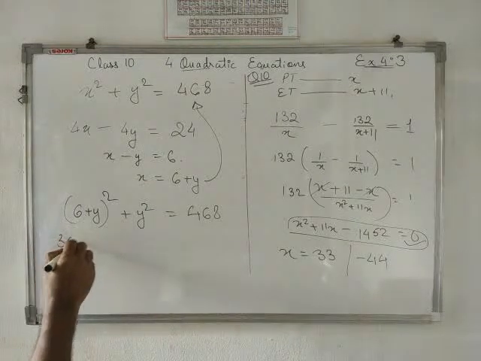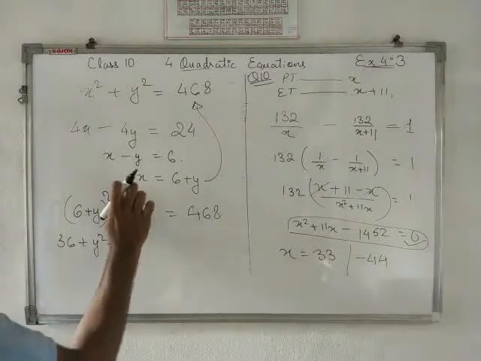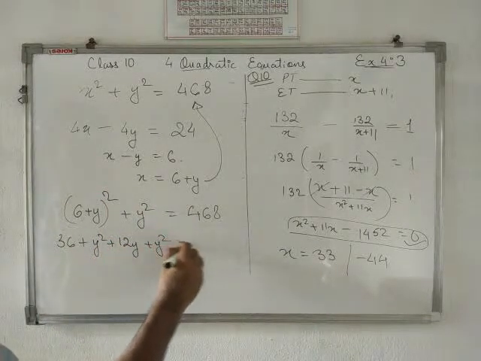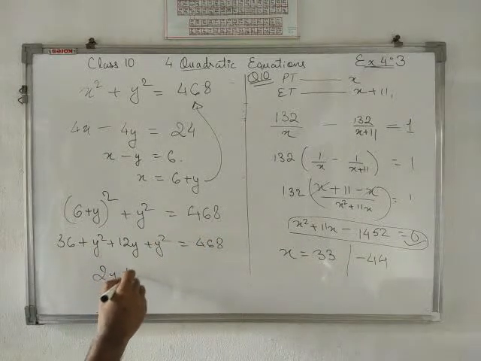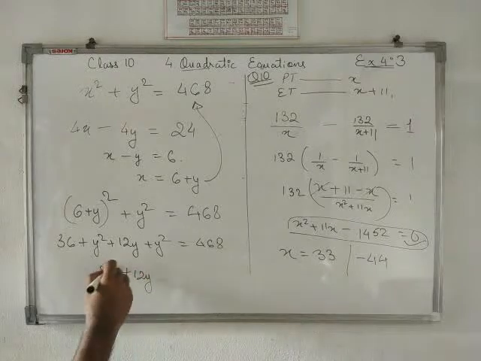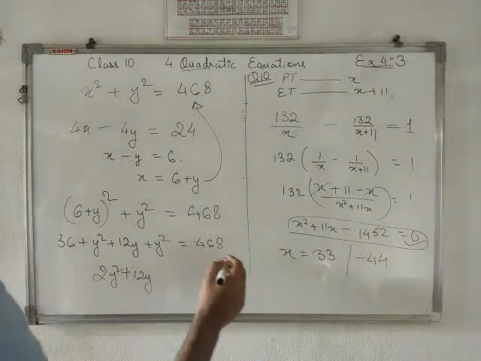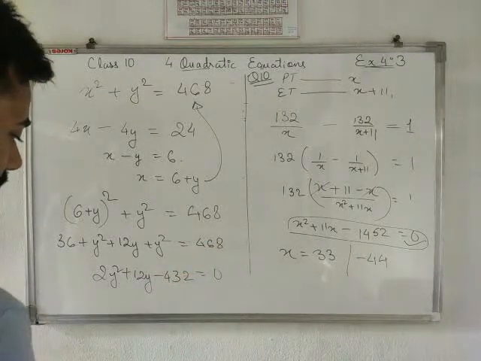That is 36 plus y square plus 2 into 6 is 12y, plus y square is 468. That means 2y square plus 12y, इधर आएगा तो 36, 2, 3, 4 minus. Yes.